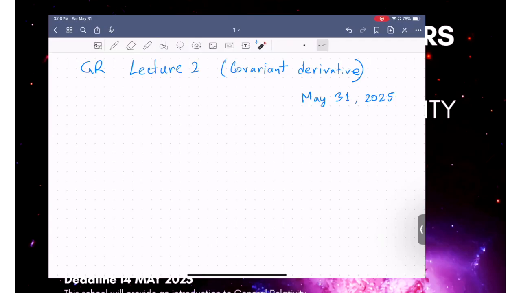But if you just start talking about the mathematics of GR, like manifolds and covariant derivatives and curvature, it may seem a bit esoteric and it may not be obvious why this is related to classical mechanics. So let me start by trying to motivate what is the classical mechanical part of GR and how that leads us to studying differential geometry. And then I'll start talking about covariant derivative and other things.